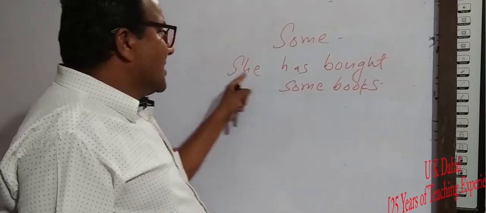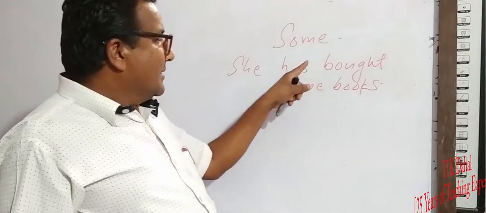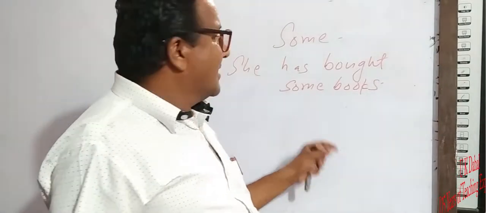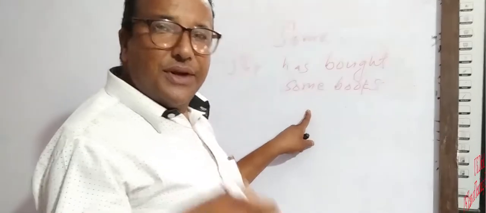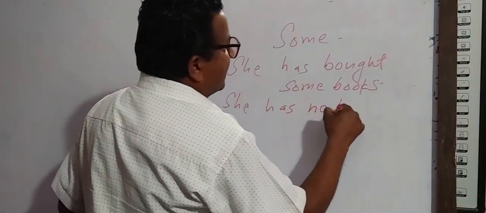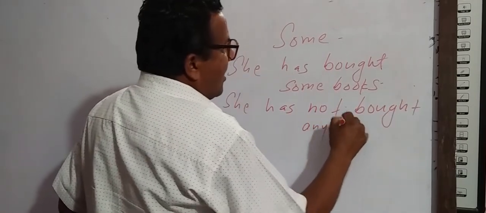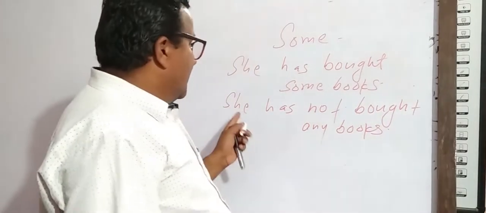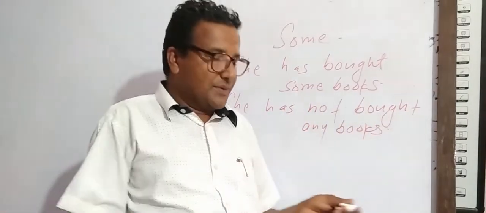There is an auxiliary verb, so not is used as in rule number 1, that means after the auxiliary verb, and some changes into any. She has not bought any books.